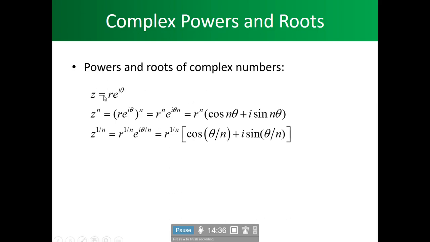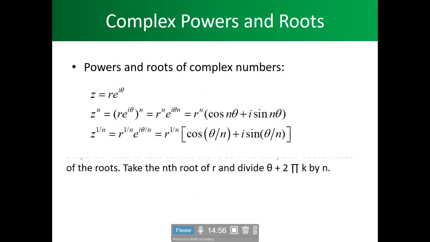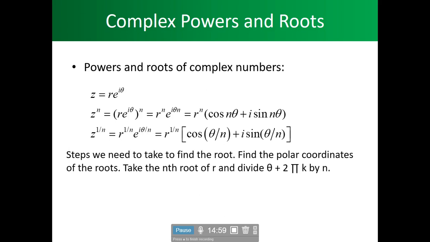Then, if you are taking the root of something, you divide by that specific root. You divide the absolute value, and you also do that to the angle. And when you change it over into sine and cosine, you divide your angle by that amount.